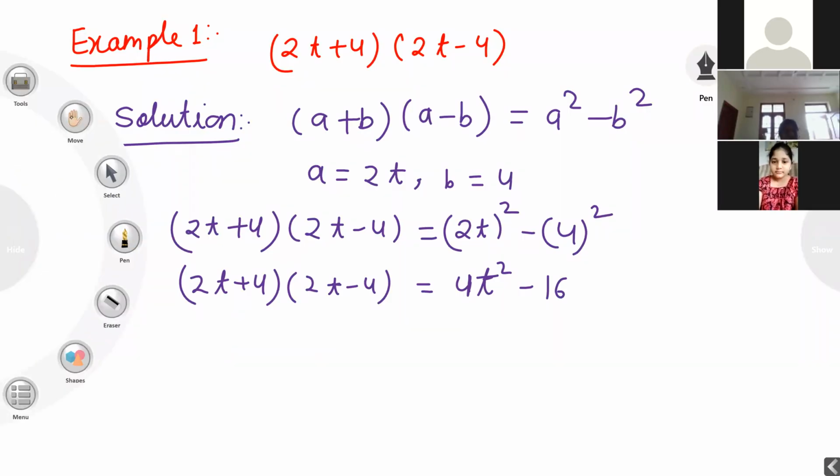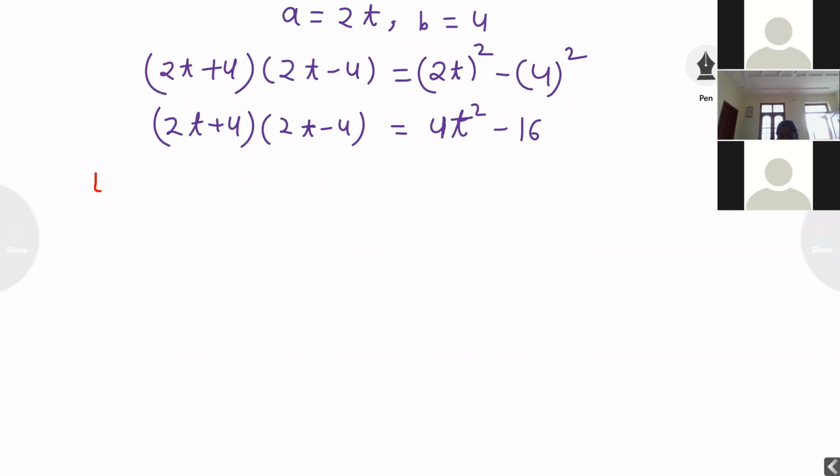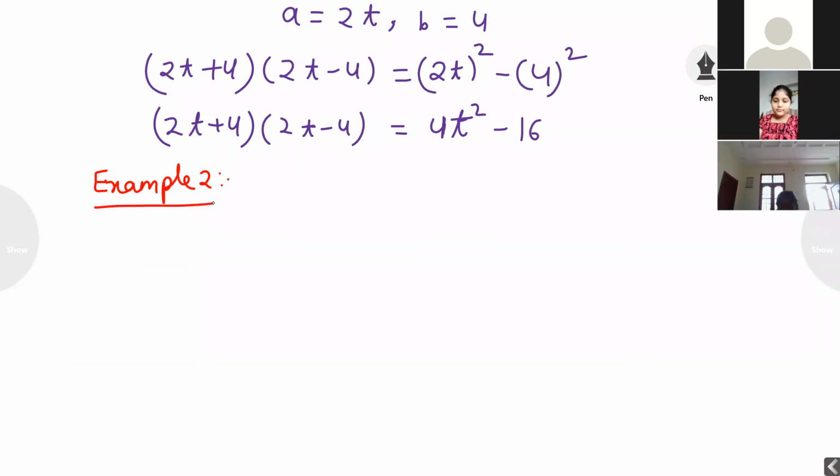Note down example 2, everyone. Example second: (r by 2 plus 5), second bracket, (r by 2 minus 5).